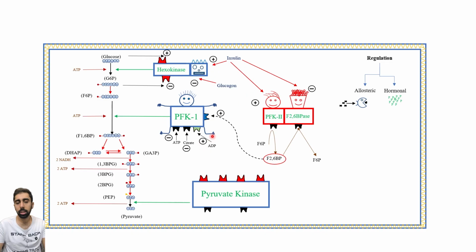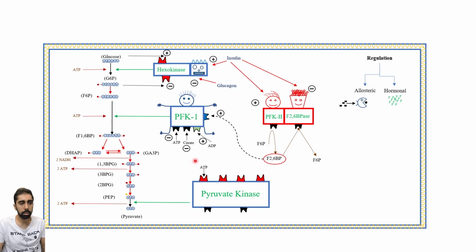Now, let's talk about our final enzyme, pyruvate kinase. The first molecule that we can talk about is ATP, adenosine triphosphate. We talked about it before. How can ATP regulate glycolysis? We do glycolysis, especially in our muscle cells, because we require energy.